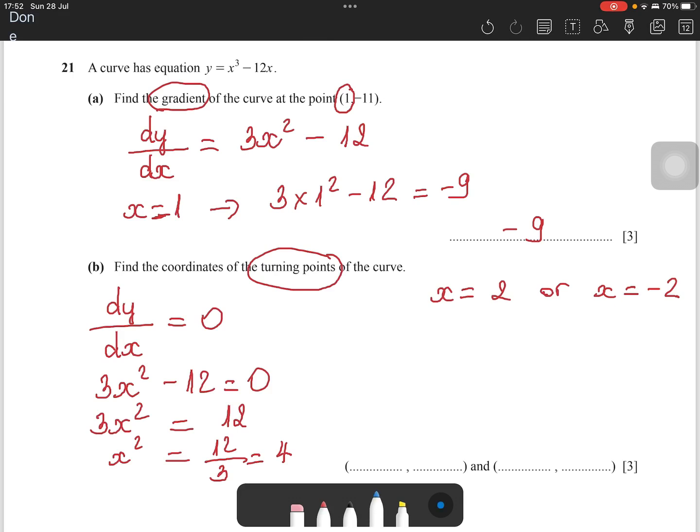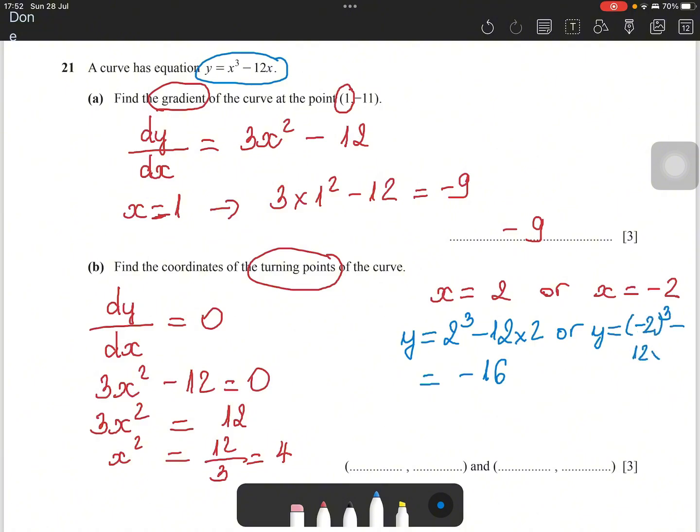When x equals 2, we'll substitute into this to find the value of y. Y is equal to 2 cubed minus 12 times 2. This is 8 minus 24, which is negative 16. Or y is equal to negative 2 cubed minus 12 times negative 2.